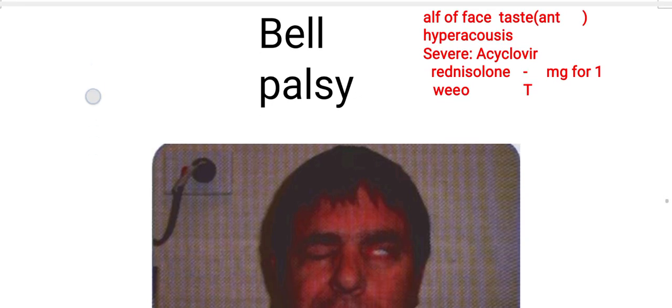Our next picture, the Bell's palsy. This is very commonly asked in the exam, so you have to go through this topic. Here you can see the right eye is closed and the angle of the mouth is deviated.